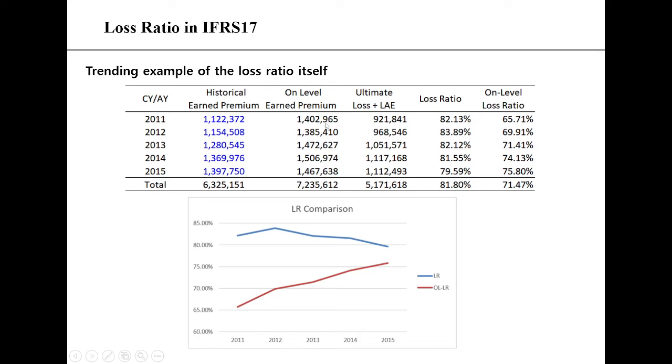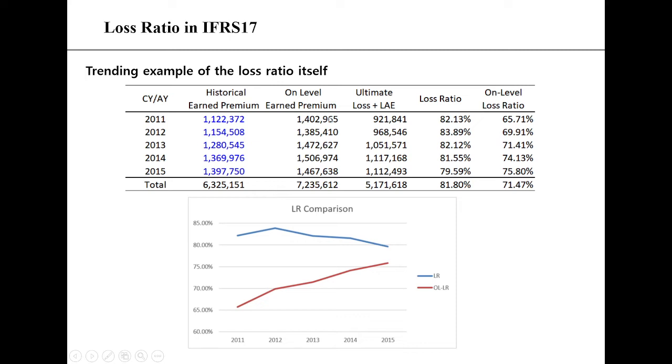So in IFRS 17, if you want to use the loss ratio into the future, like a cash outflow projection, it means that this loss ratio trend goes from lower to an increasing pattern to the right. Because the denominator on this side is much smaller.